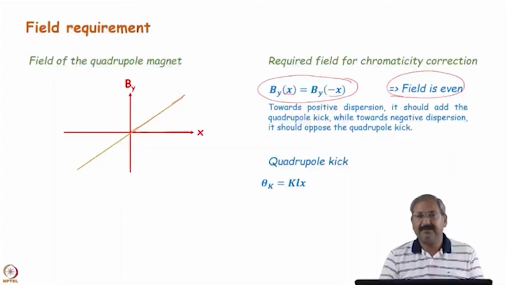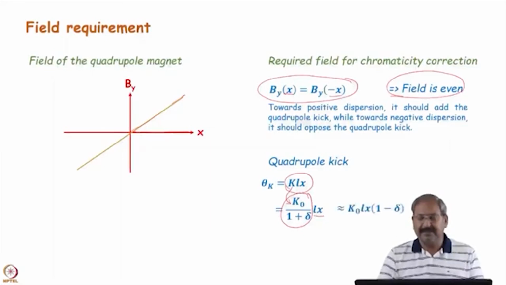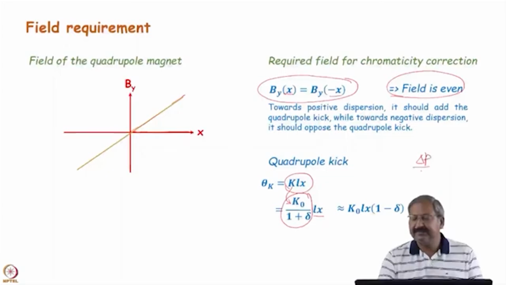Now we compute the quadrupole kick for the off momentum particle. The quadrupole kick is given by KLx, and already we have seen that this K for the off momentum particle has to be replaced by K0 upon 1 plus delta. Lx is there. Now we have introduced one approximation that the energy spread or momentum spread is not large, means this delta P by P is small.